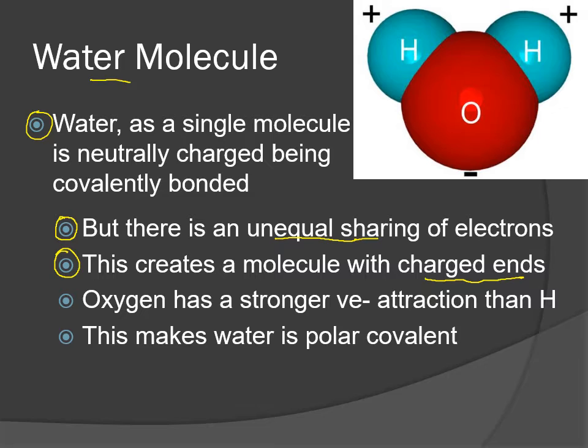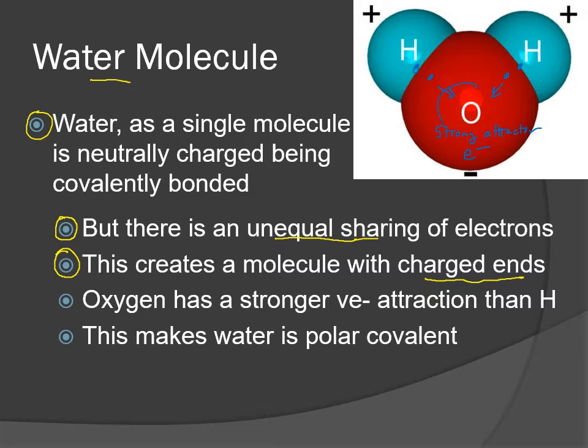In that diagram, let me change my color so it stands out a little bit. On the oxygen side, oxygen is a very strong attractor for electrons. And so as it shares electrons with hydrogen, it attracts these electrons more strongly than the hydrogen does.